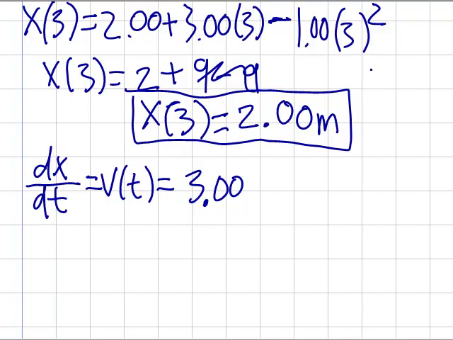To take the derivative of the next term, multiply the power times the number in front, so we get negative 2.0, and drop the t squared down to just a regular t. So that's the equation for velocity. Then plug in the t again wherever you see a t.